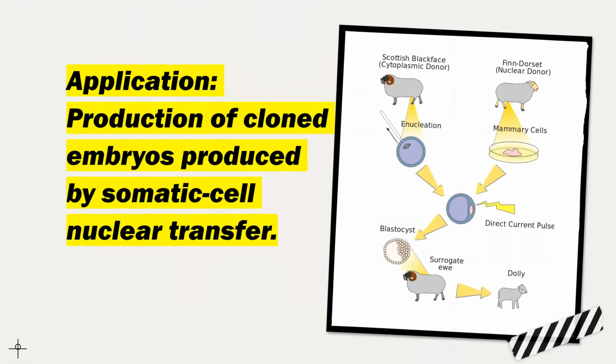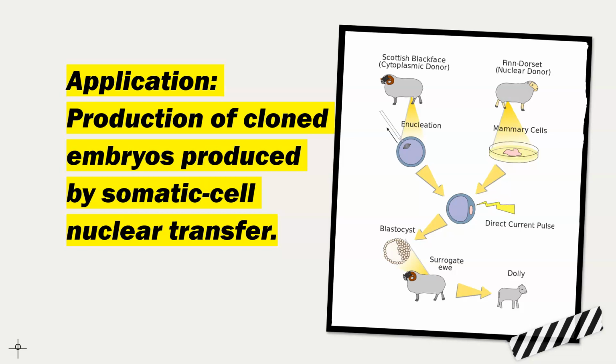Okay, so our next application point is the production of cloned embryos produced by somatic cell nuclear transfer. Our example of that is Dolly the sheep, which I spoke about earlier on. So you take a somatic cell from one animal, you take a gamete from another animal, same species, so we're both sheep here.